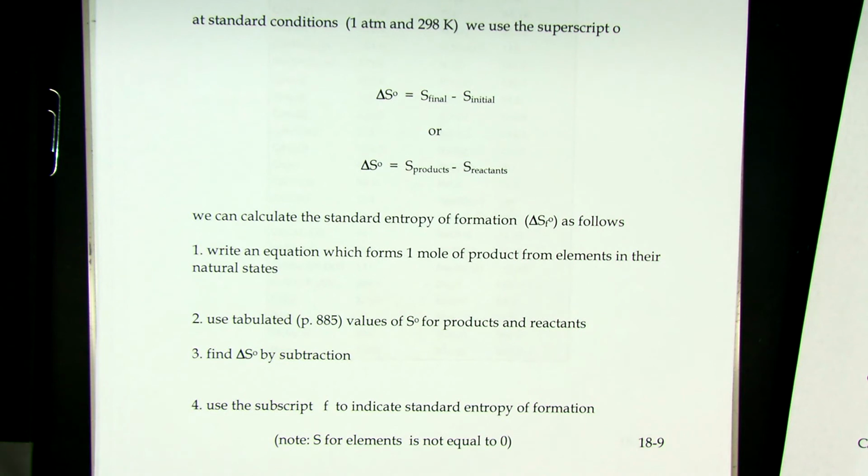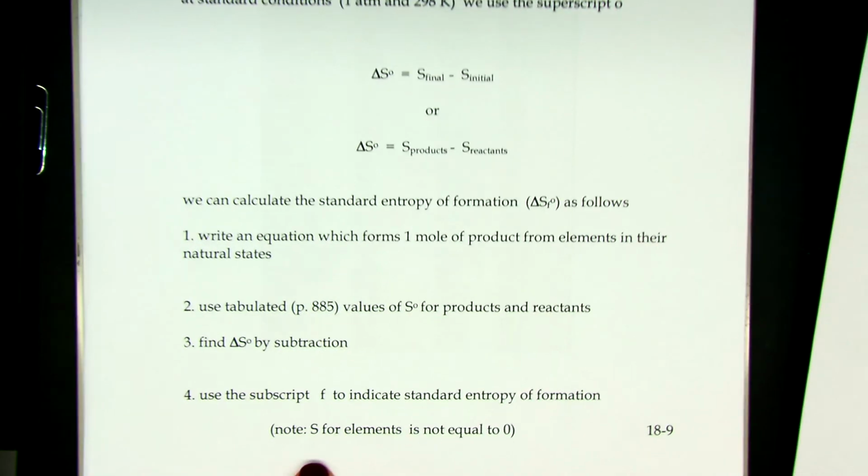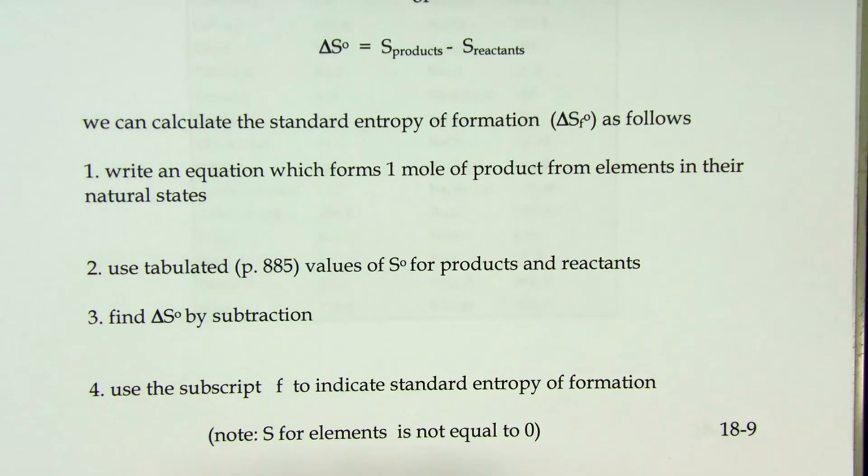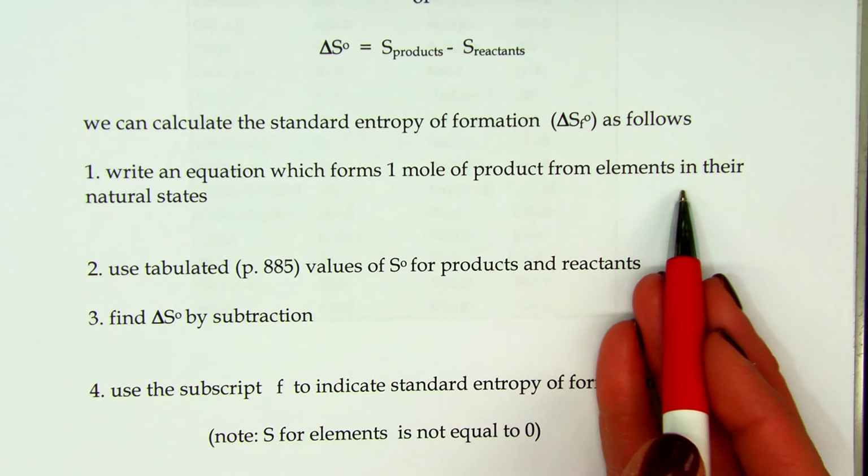Do you remember the introduction of the standard enthalpy of formation? And for those of you that always like to balance equations with whole numbers, I told you your gig was up. You had to start balancing with fractions. Because when we have a standard reaction of formation, what are the criteria for that? Do you remember? The 1 mole of product, and all of the reactants are elements in their natural states.